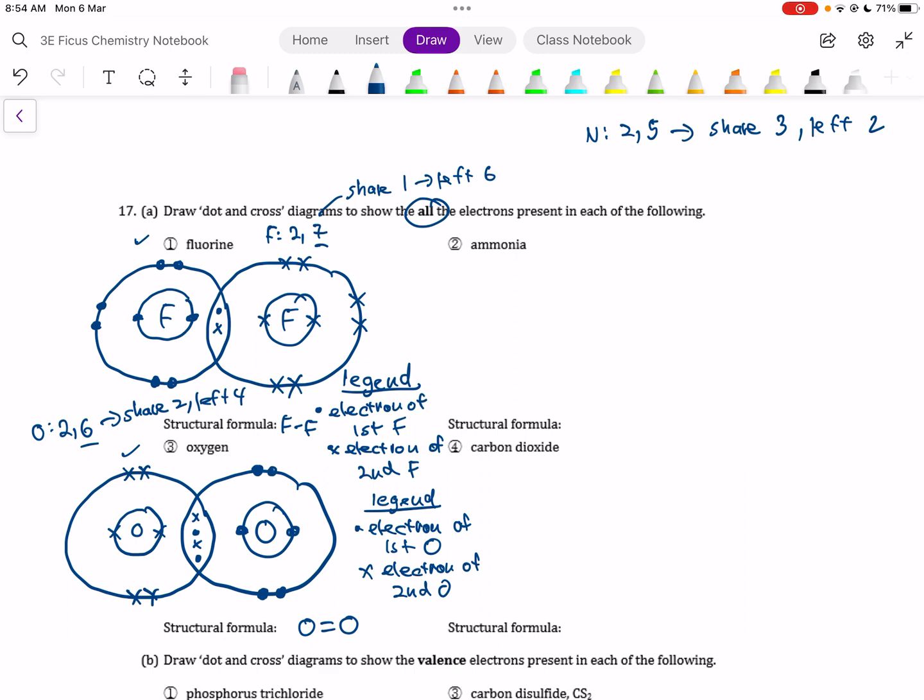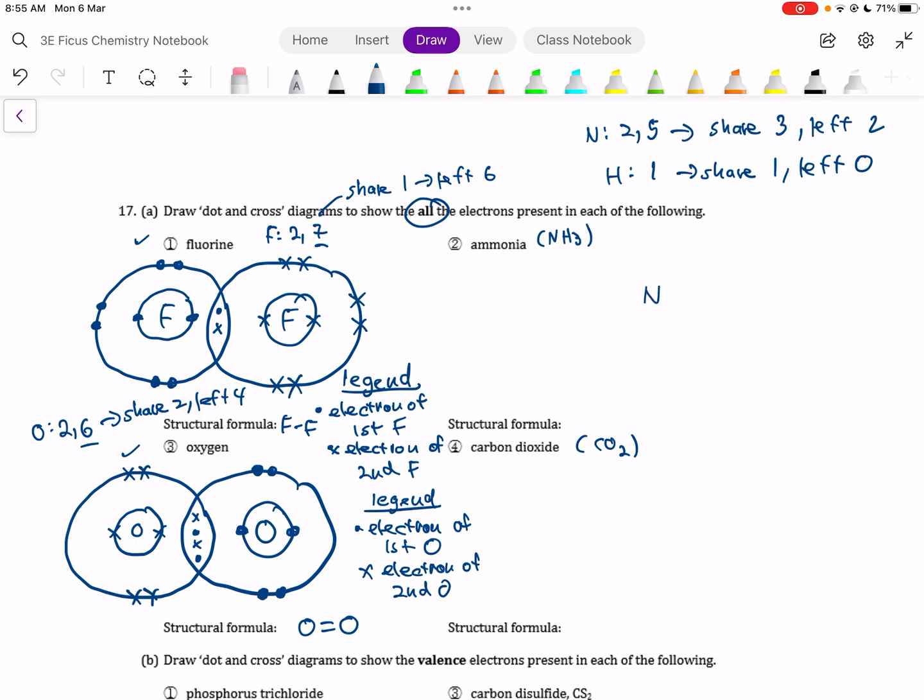Then you also have hydrogen. It's very useful if I give you a formula, so I might as well write the formula first. Hydrogen will share 1, left with 0. So 1 nitrogen, 3 hydrogen.